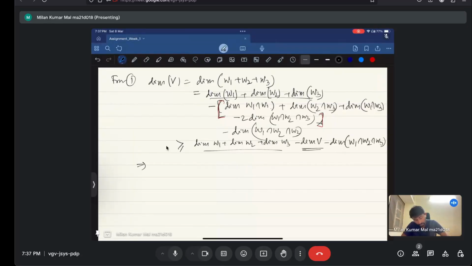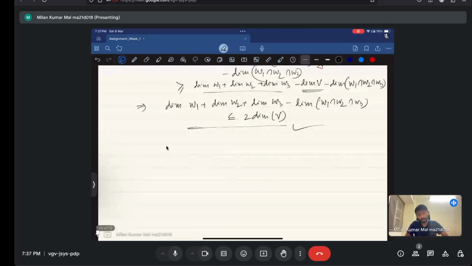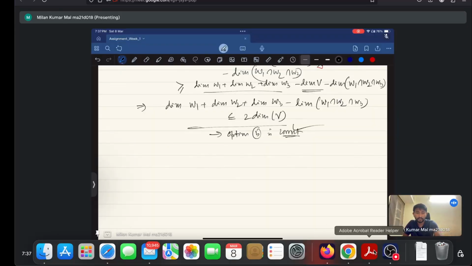Therefore, what we are getting is that dimension of W1 plus dimension of W2 plus dimension of W3 minus dimension of W1 intersection W2 intersection W3 is less than or equal to 2 times dimension of V. This proves it. So therefore, option B is correct. Okay.